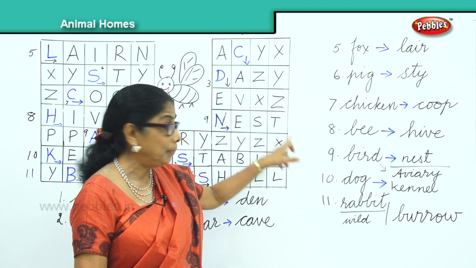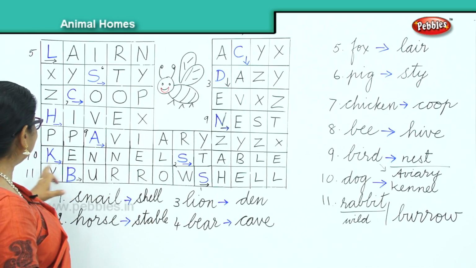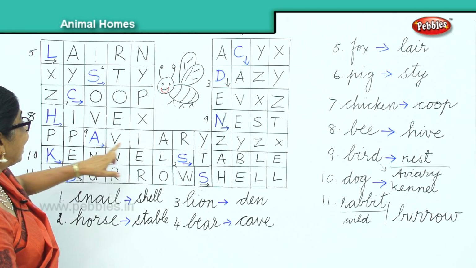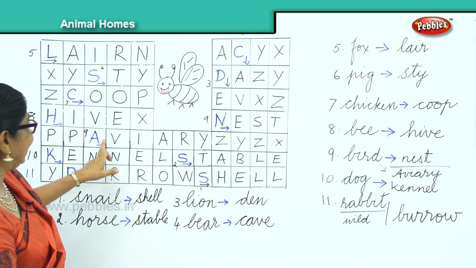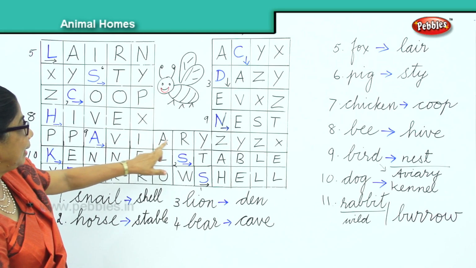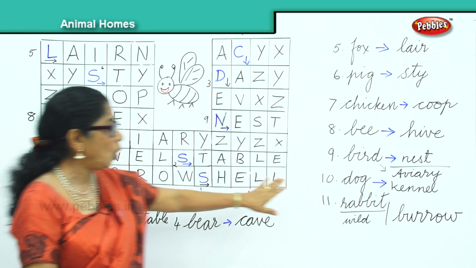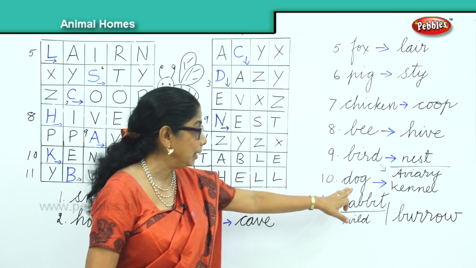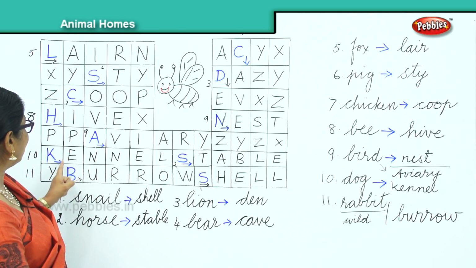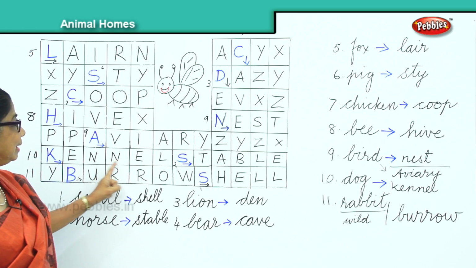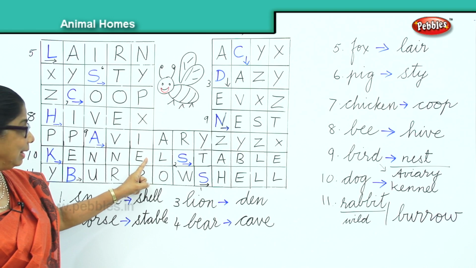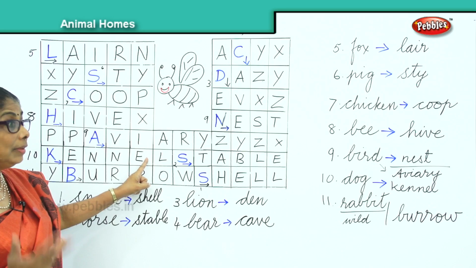But when we keep birds in our house, then we say we keep them in an aviary. A-V-I-A-R-Y, aviary. Dogs, domestic animal, and they keep the dog in a kennel, K-E-N-N-E-L, kennel. We keep the dogs in a kennel, we build for them.